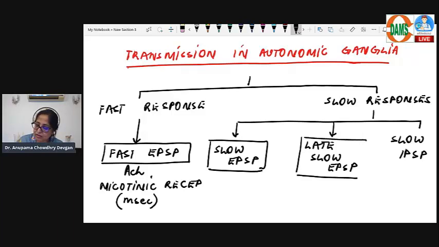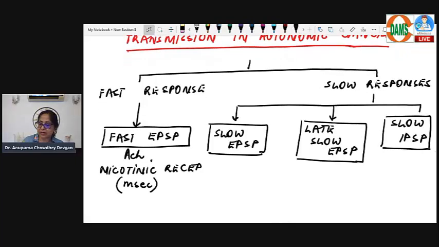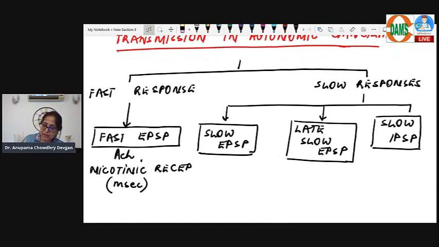EPSP is an excitatory response. IPSP is an inhibitory response. Slow EPSP is because of acetylcholine acting on M1 muscarinic receptors, and the response time is in seconds. Late slow EPSP is because of GnRH.